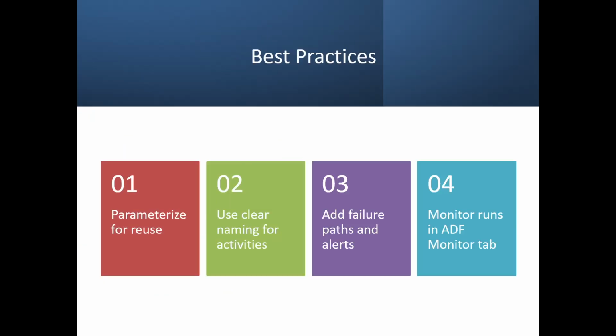So what are best practices? Always try to use parameters to make pipelines reusable across datasets or folders. Name activities clearly, which is going to help you with better monitoring and debugging, or like if you deploy it now and then come back after 2 months, you'll be able to easily identify what the task is.